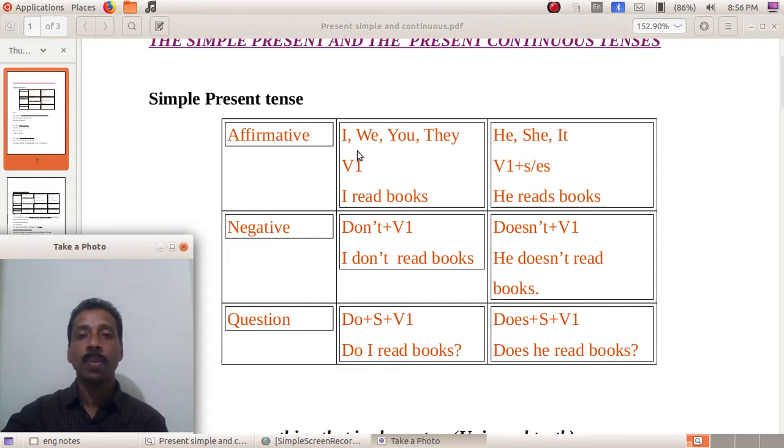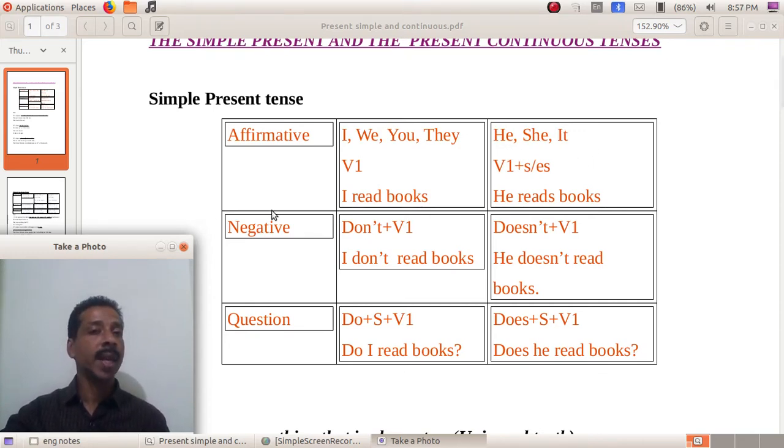With other pronouns, even with the first person singular pronoun and second person singular pronoun, V1 is to be used. So examples are given: I read books, and if it is he, he reads books. So in simple present tense, V1 or V1 plus S or ES form is to be used. V1 is used with I, we, you and they. V1 plus S or ES is to be used with the third person singulars: he, she and it.